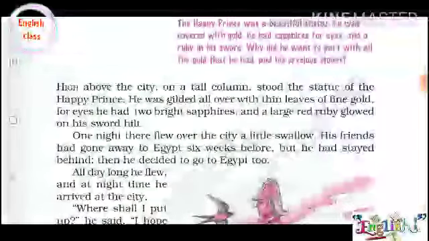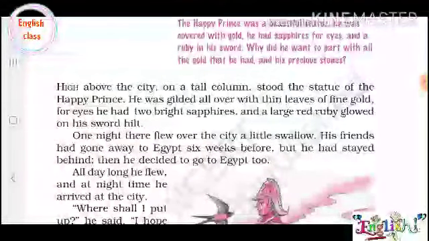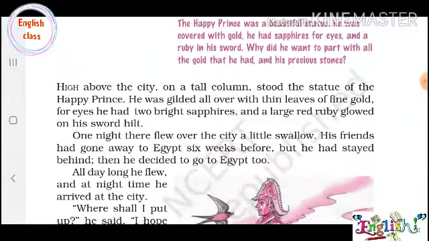One night there flew over the city a little swallow. Swallow is a bird. His friends had gone away to Egypt 6 weeks before, but he had stayed behind. Then he decided to go to Egypt too. One night what happened?